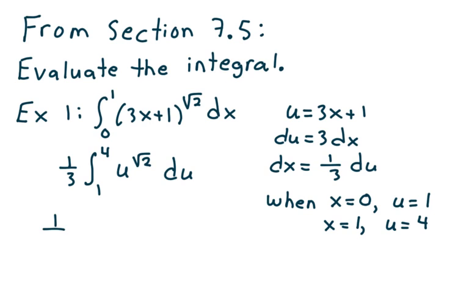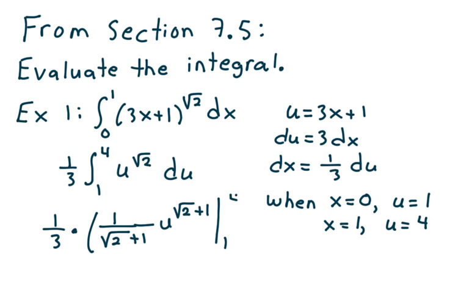So this is 1/3 times 1 over (square root of 2 plus 1) times u to the square root of 2 plus 1, and I'm going to evaluate from 1 up to 4. What I get here is 1 over 3 times (square root of 2 plus 1).